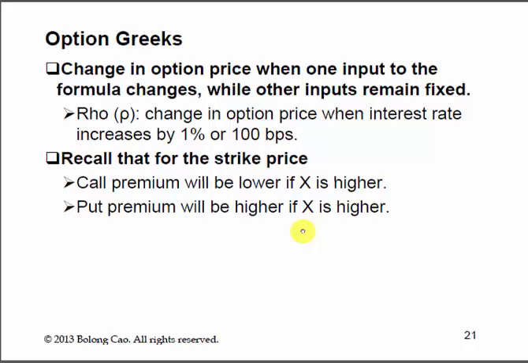Put premium is the insurance. So if it protects you better with a high strike price, it's a good insurance. The cost is higher. It's useful to remind ourselves of that idea when we look at different examinations of the Greeks.